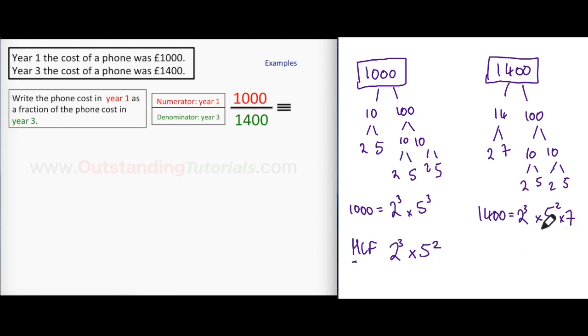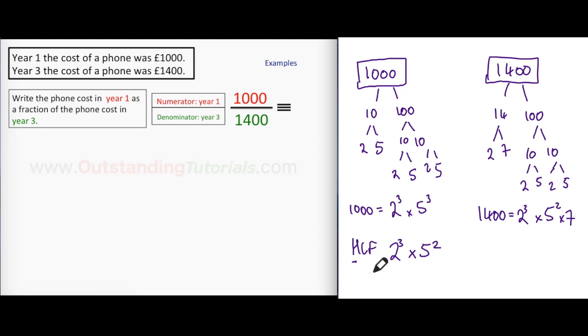And we don't include 7, because for the highest common factor we only have the numbers that are in both. So that would give me 2 times 2 times 2. 2 times 2 is 4, 4 times 2 is 8, and then this is going to be 5 times 5, which is 25.